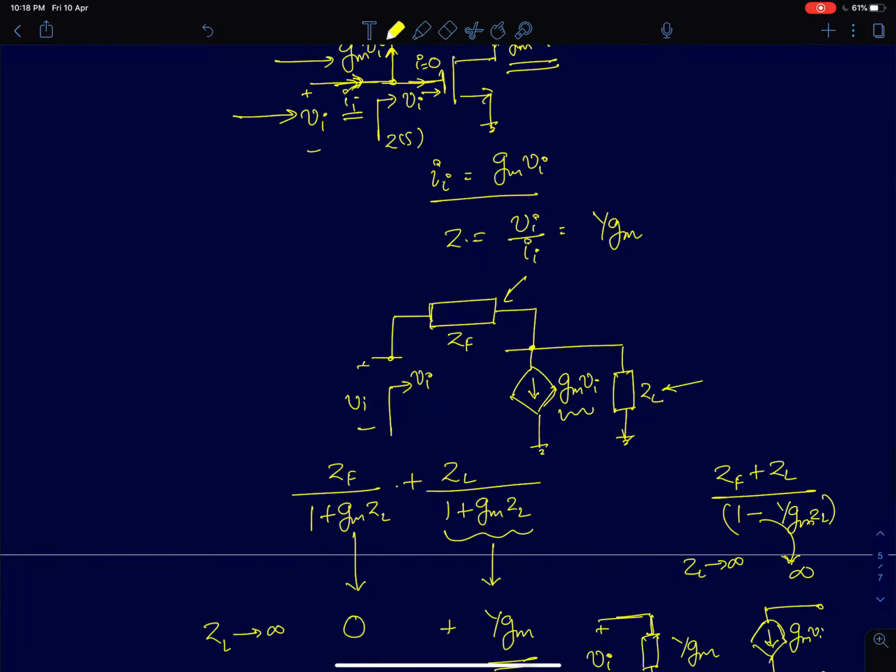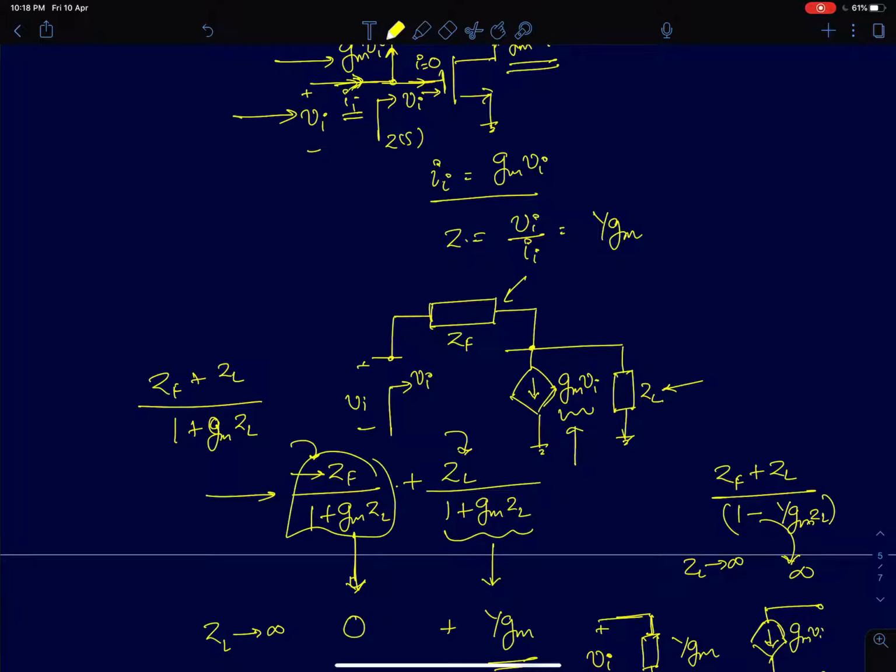Using our expression for the input impedance as seen by the input, it's going to be ZF plus ZL by 1 plus GM into ZL, where GM is the small gm, the MOS transconductance. So I have split the impedance into two parts, one containing ZF and the other containing ZL. Now, as you tend ZL to infinity, for a finite value of ZF, the first part will tend to 0. So there is no contribution from ZF.